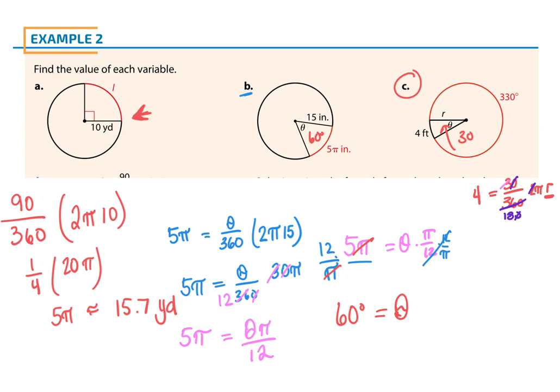You're doing a lot of fraction work here, so make sure you know how to do fractions. So 4 equals, this reduces to 1/6 pi times r. So multiply by 6, divide by pi. We get 24 over pi is my r. Put it into your calculator if they want decimals, 7.6, and we are in feet is my radius there.